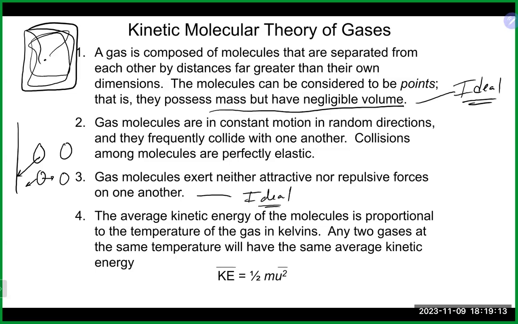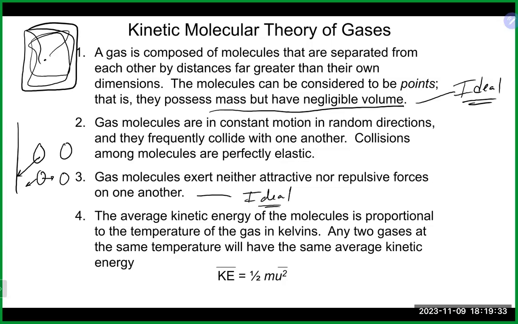But in an ideal situation, we just assume they're just going to whiz by, with no worries about anybody else that may be near each other. There's nothing that's going to impede its progress as it's flying around, and it will have no effect on the pressure. Those are the 2 main components that make something an ideal gas.